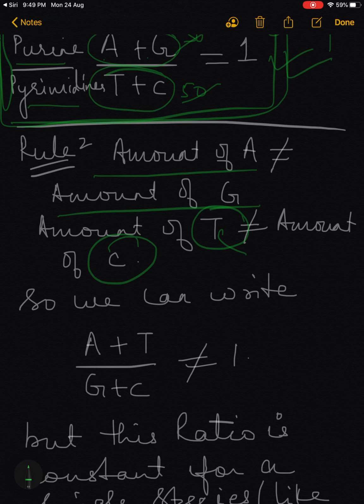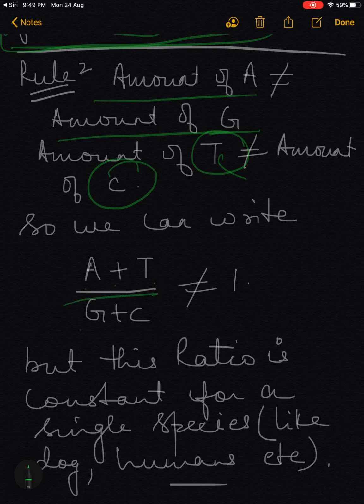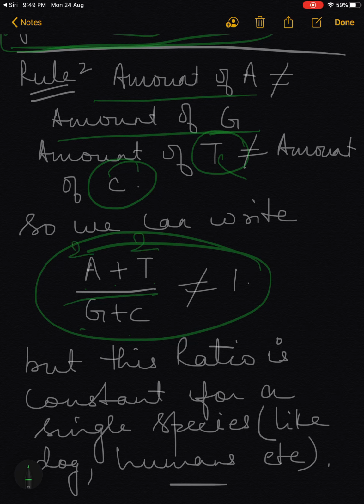Right? So what can I write? Can we write that A plus T upon G plus C is not equal to 1? Because A plus T will be 2 plus 2, that is 4, and G plus C will be 8 plus 8, that is 16.